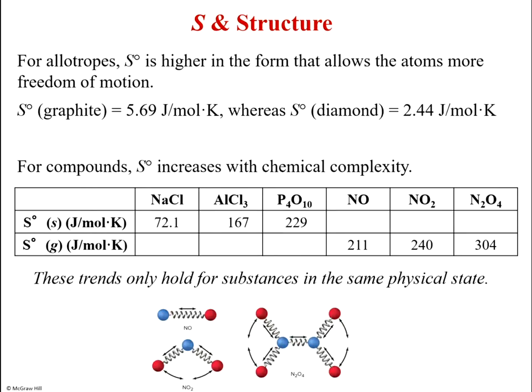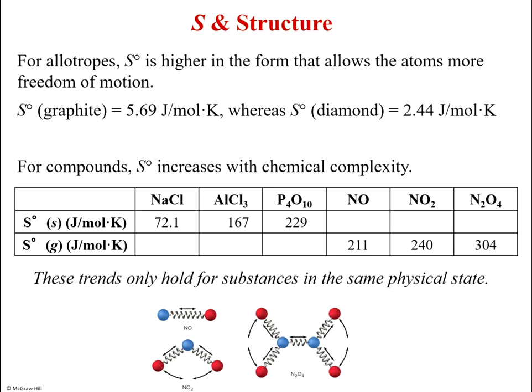For allotropes of an element, the standard entropy is higher for the form that allows the atoms more freedom of motion. We can compare graphite with diamond. We know that in diamond, carbon is in a tetrahedral arrangement, and the atoms are fixed in position. Of course, diamond's actually quite a hard substance. The atoms don't move very much.